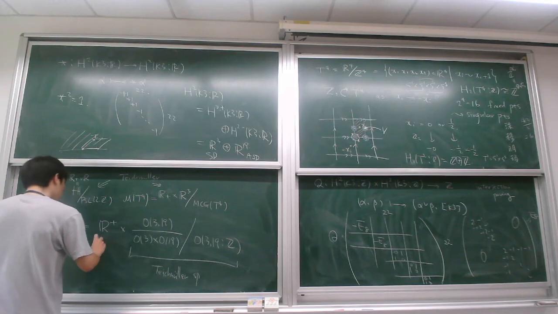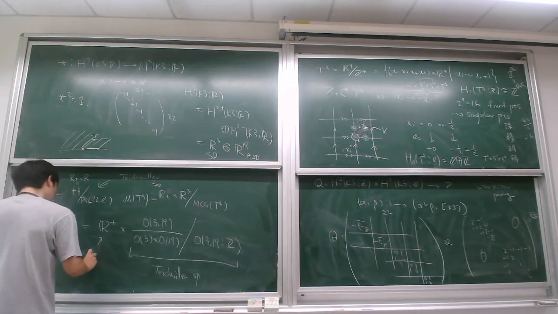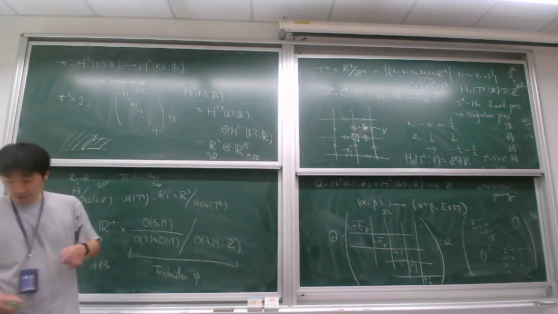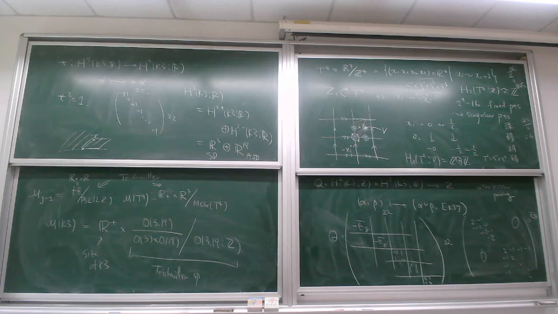And this one is a parameter, more like the Kähler parameter of K3, the overall size of K3. Okay, so this is what mathematicians have observed about the modular space of K3 surface.